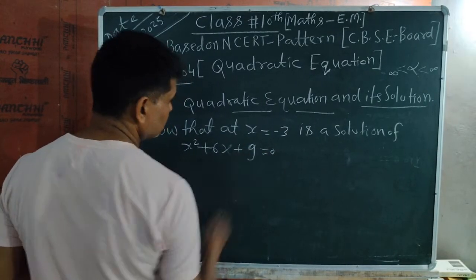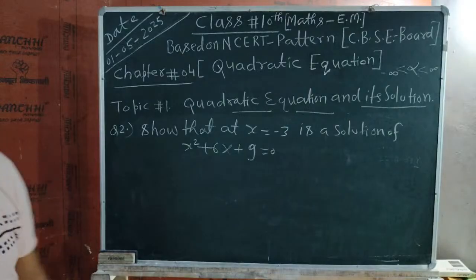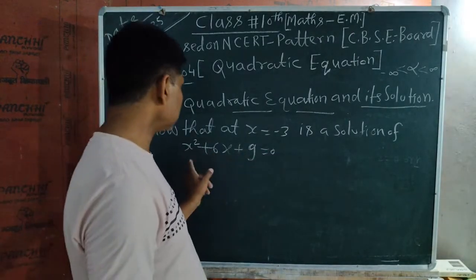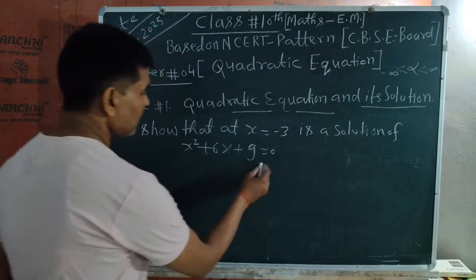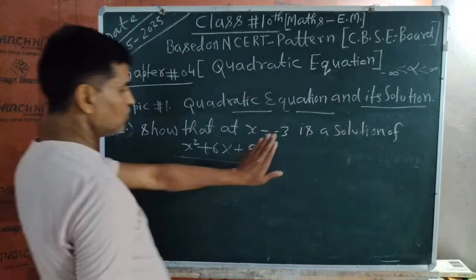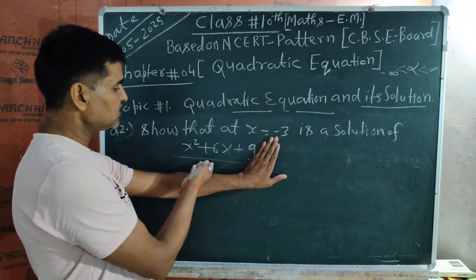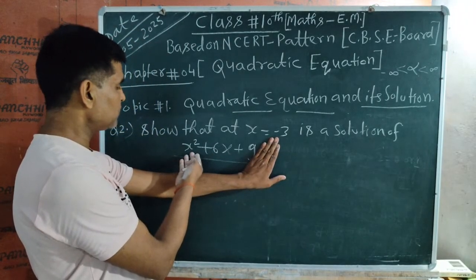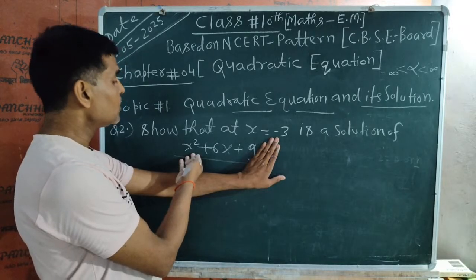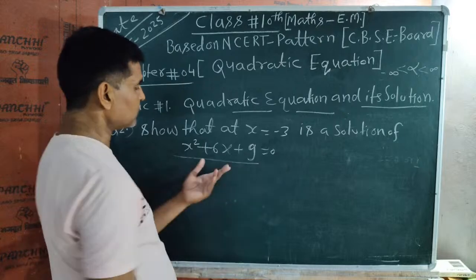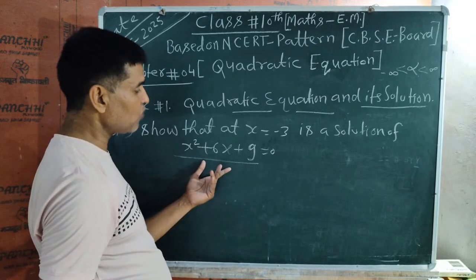Here one quadratic equation is given, because this is a polynomial and it has maximum power 2, so I will say this is a quadratic polynomial, and in the right hand side it becomes 0, so that quadratic polynomial becomes a quadratic equation.